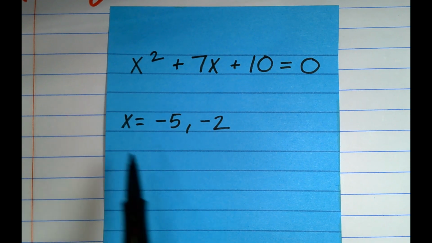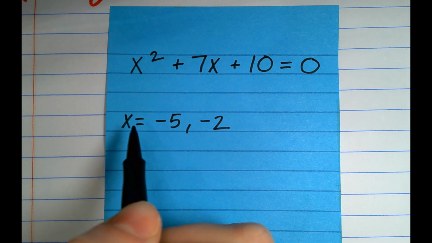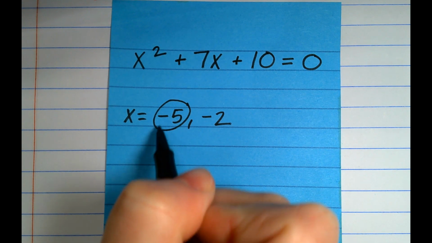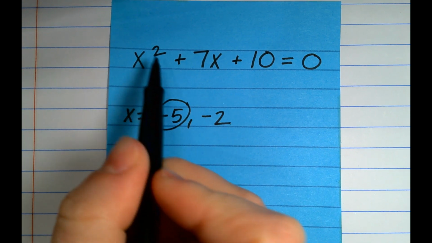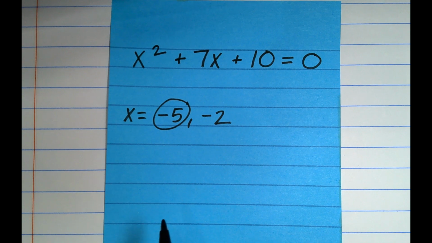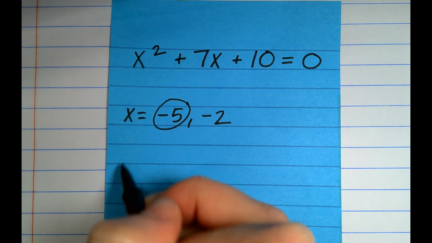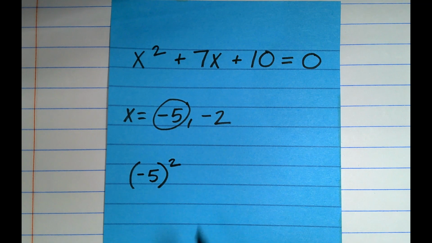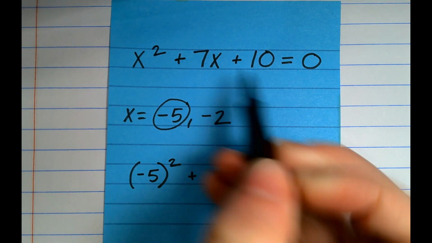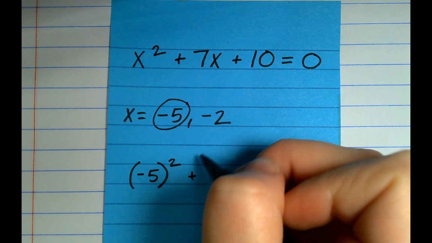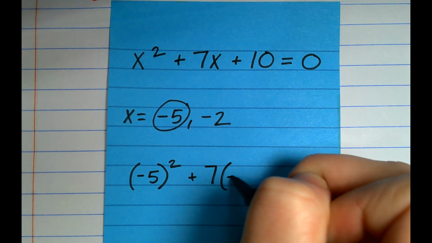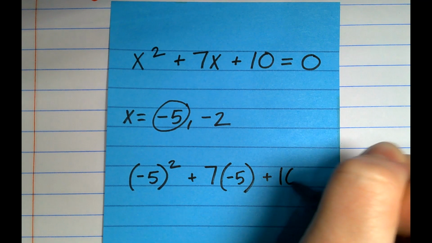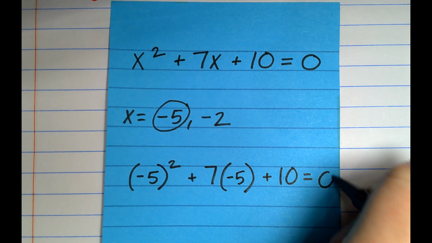So this should be true, and we can see if it's true by taking the negative 5 and replacing, anytime we see x, we're going to write negative 5. So instead of x squared, we have negative 5 squared plus 7 times x. Now we're going to write 7 times negative 5 plus 10 equals 0.